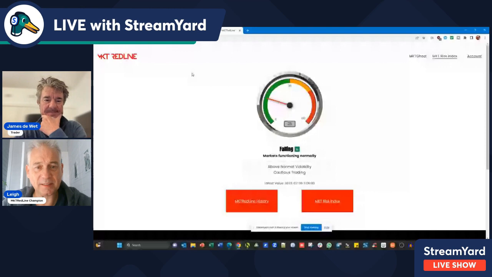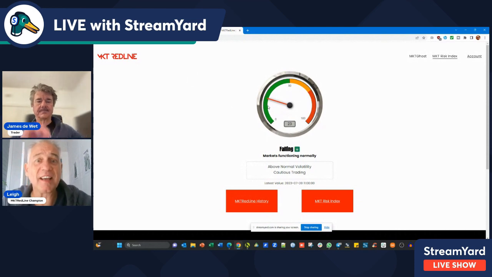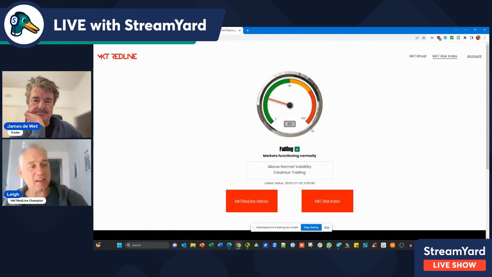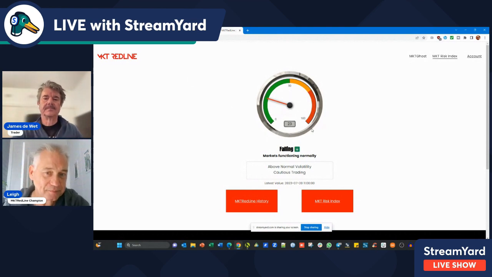There we go. So this is MKT Redline Pro. This is a gauge. When it detects strange movements in the marketplace, which you can't see by looking at the charts, it will shoot up to 100. In the September that you were referring to, it hit 100 on the 23rd, which was the Friday.